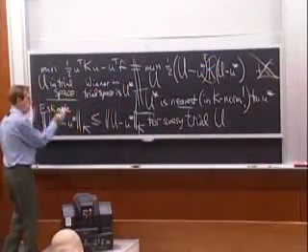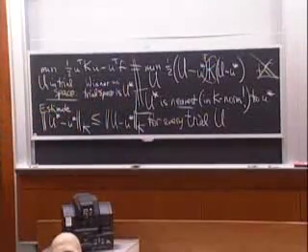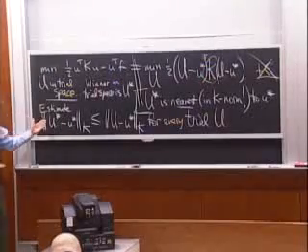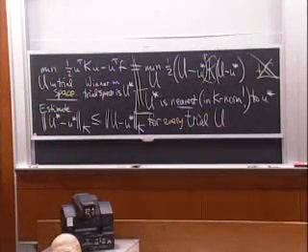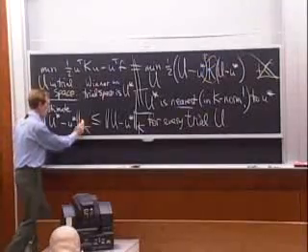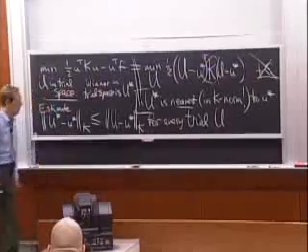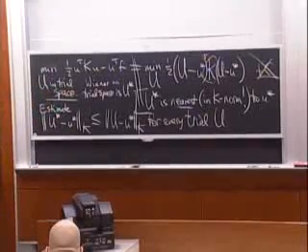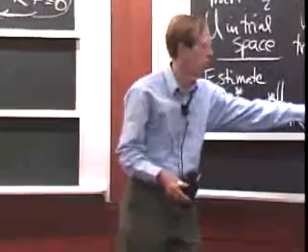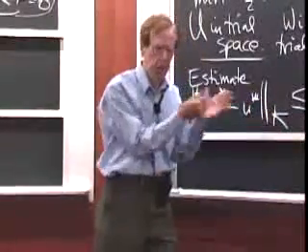This just says what I've said now 3 ways, that u star is the best in the K norm. Now, to get some bound on this, I can take any u. I can take any u and estimate its difference from u star, and that will give me a bound.